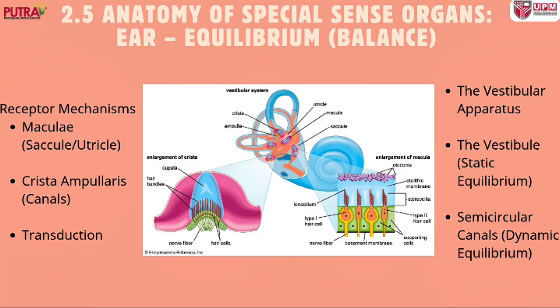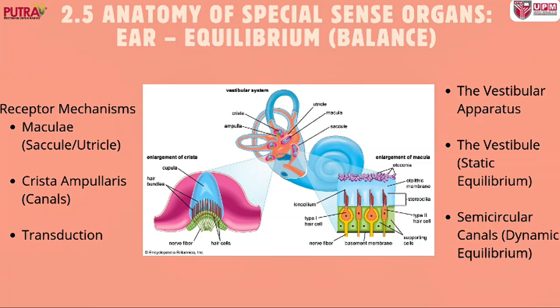The ear's role in equilibrium and balance is managed by the vestibular apparatus in the inner ear. The system is anatomically split to track different types of movement. Static equilibrium, which measures linear acceleration and gravity, like tilting your head, occurs within the vestibule's utricle and saccule. Here, heavy calcium crystals called otoliths slide across a gelatinous membrane, bending hair cells to signal positional changes.